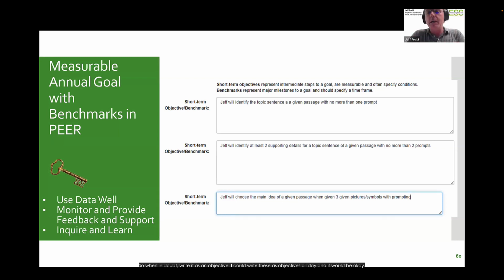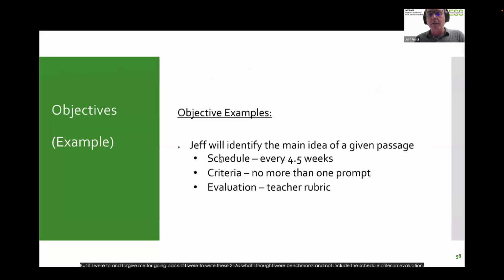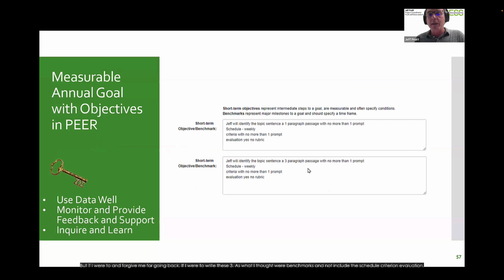I could write these as objectives all day and it would be okay. But if I were to, and forgive me for going back, write these three as what I thought were benchmarks and not include the schedule, criteria, and evaluation, then these would not be considered benchmarks because they are not step progressive. Just because I did one paragraph and three paragraphs, I'm still just choosing the topic sentence.